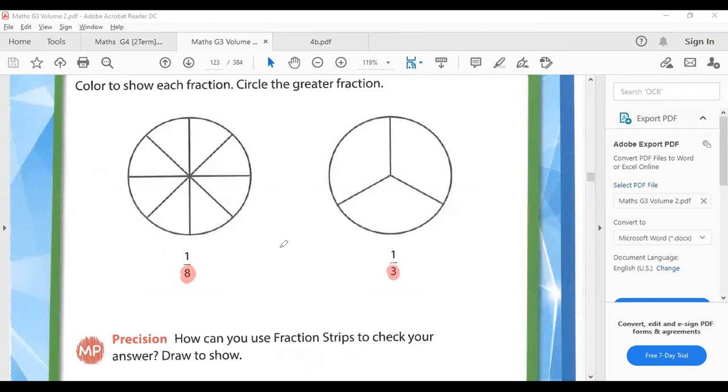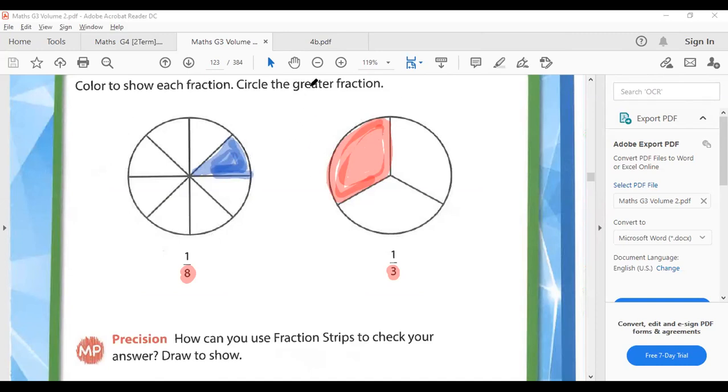So in your opinion, one equal part from the red cake, will it be greater or smaller than one equal part from the blue cake or the blue circle?